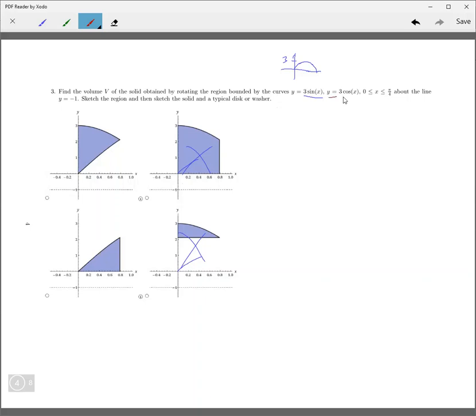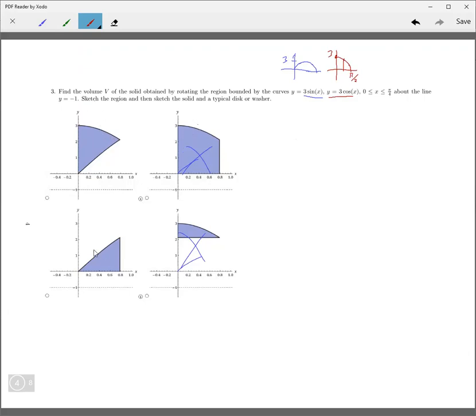Now this one right here, y equals 3 cosine x, is going to start up here at 3 and come down. It's going to intersect here at pi over 2, but we're only going to pi over 4, so it's only going to be just this part here. That looks like it right here.